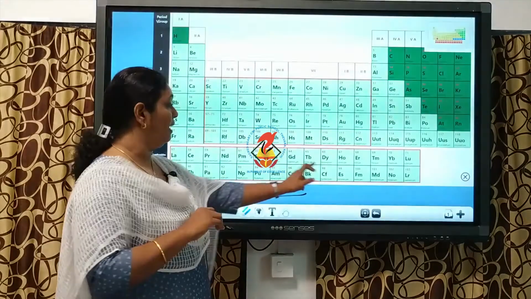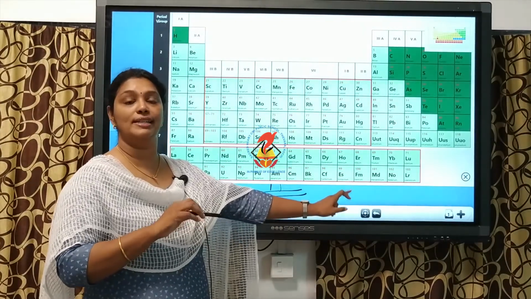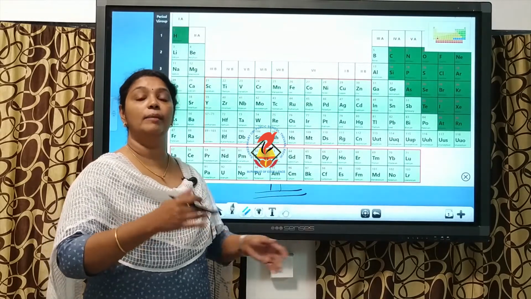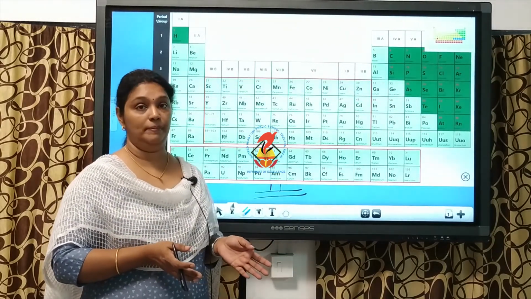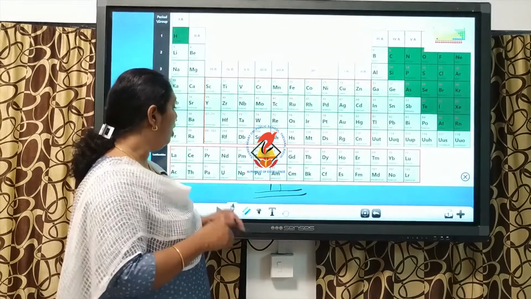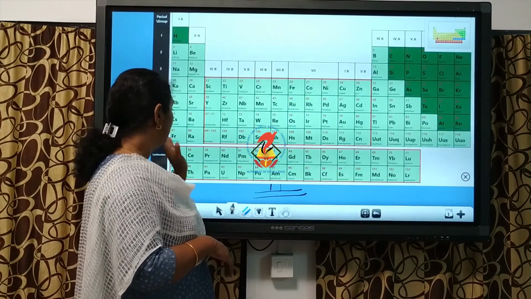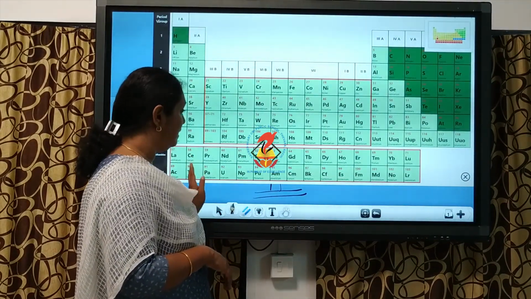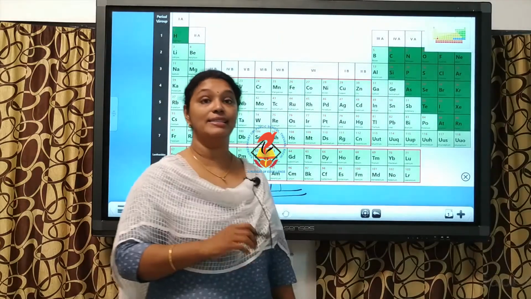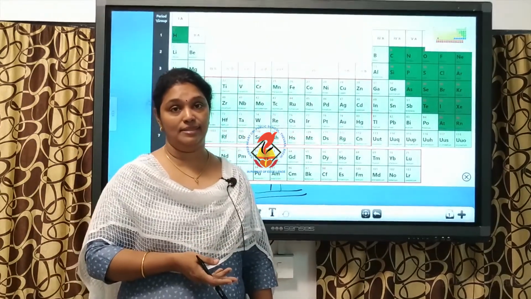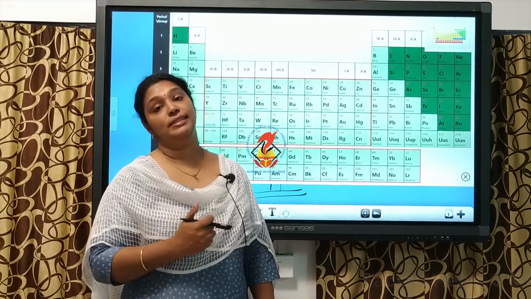Now these 14 elements whose 4f orbitals are getting filled are placed at the bottom of the periodic table. And we call these elements, that is element number 58 cerium to lutetium, as inner transition series or 4f series.